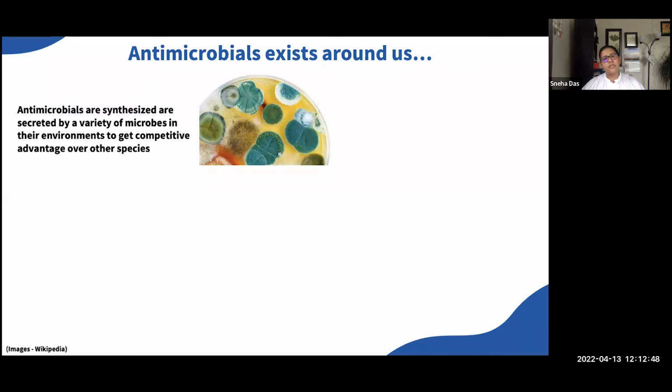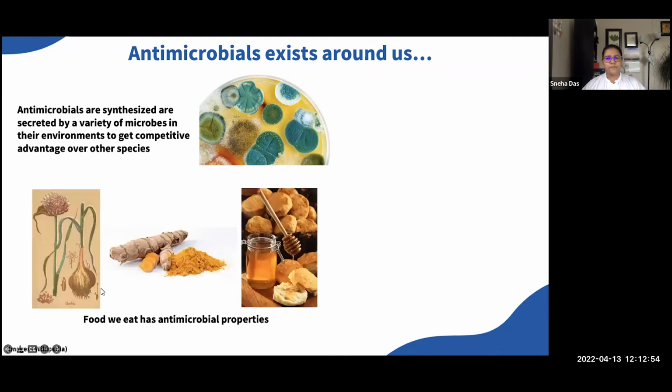So many of these antibiotics that we know today actually come from microbes themselves. We also see some antimicrobial properties in the food we eat, like allicin in garlic, curcumin in turmeric, and compounds in honey are speculated to have antimicrobial properties.